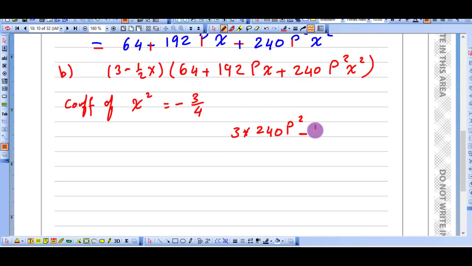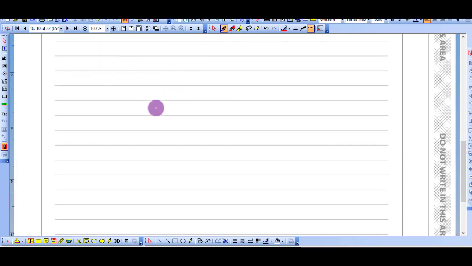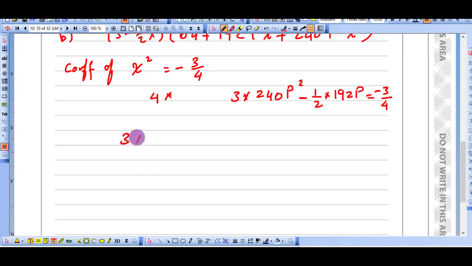So minus half multiplied by 192b will equal to minus 3 over 4. So let me multiply all of this by 4. So we will have 3 by 240 by 4 b squared minus 2 by 192b is equal to minus 3.